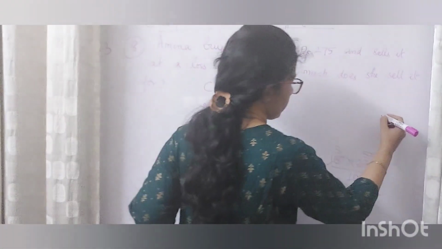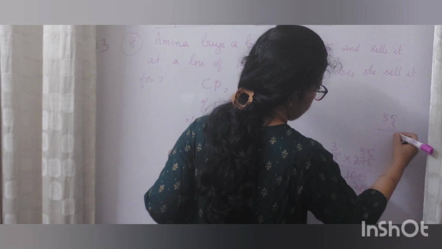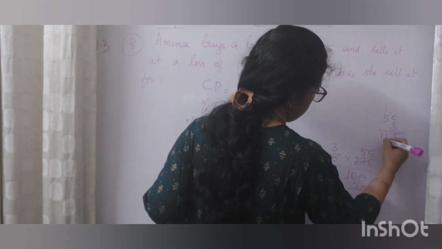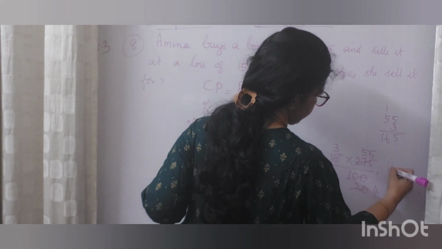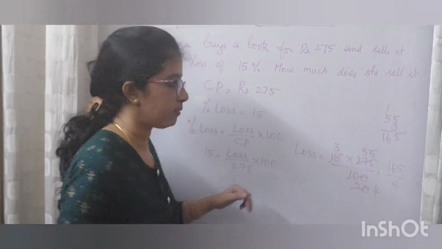Okay, now 55 into 3, 5 3s are 15, 165 by 4. Okay, 165 by 4.